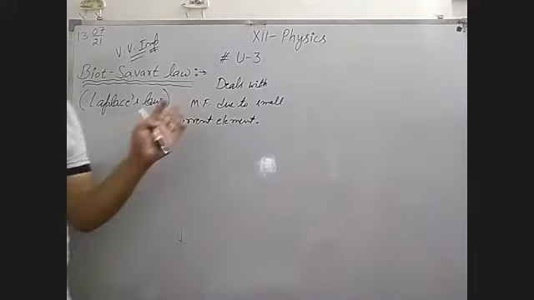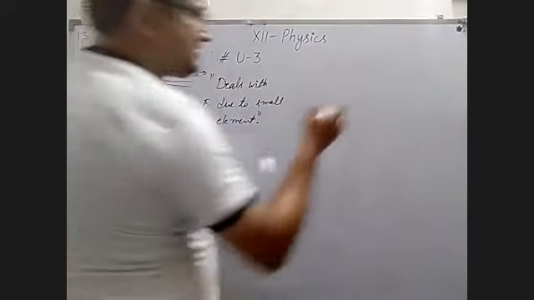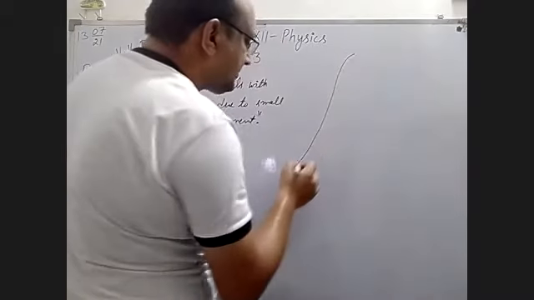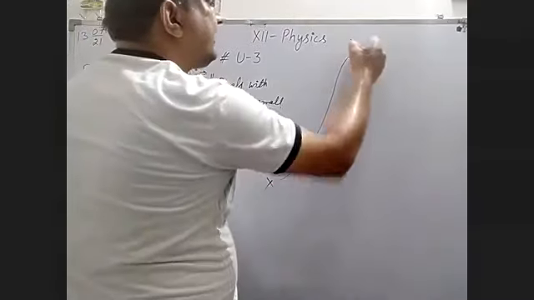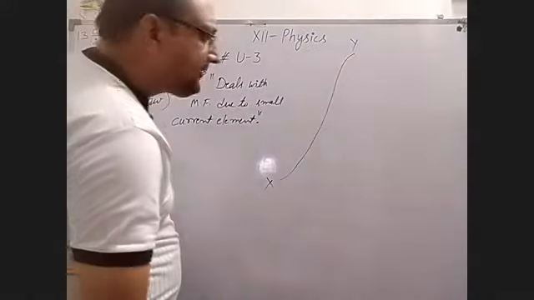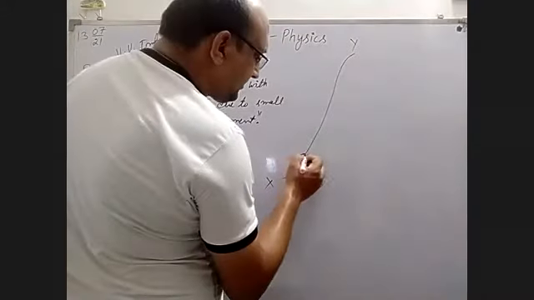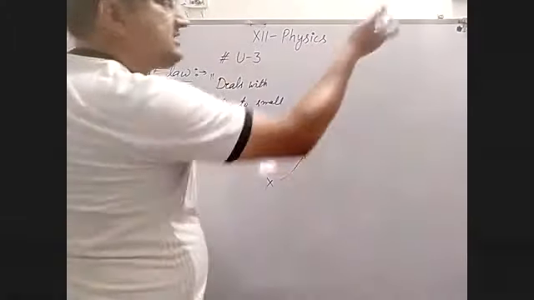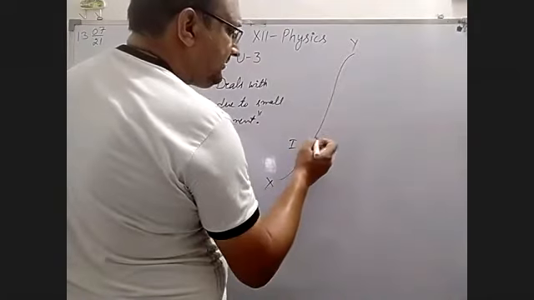But to understand this concept, let us draw a figure. Suppose this is the conductor. X and Y are its ends. Suppose current I is flowing through it, in this direction or from Y to X, you can take either.